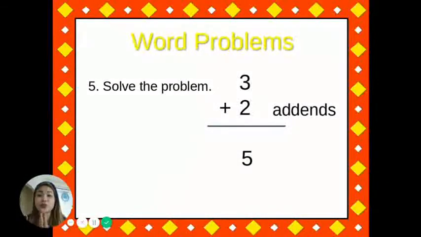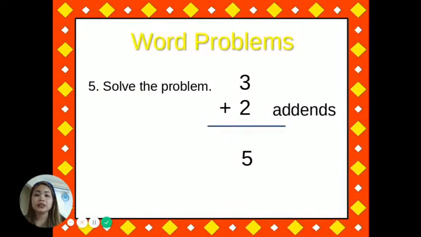Okay, so solve the problem. You may get a piece of paper and then write the numbers that you've seen a while ago. Guys, you can do it vertically or horizontally. If we are solving, I suggest you do it vertically so you can see all the numbers. And it will help you add bigger numbers later on.